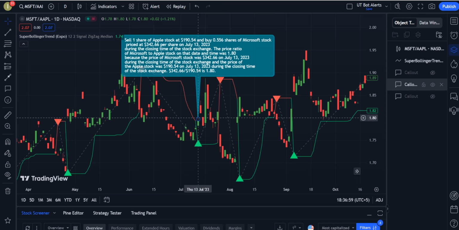So $342.66 divided by $190.54 is exactly 1.80. So when we see here on this date, the price ratio went down, and when the price ratio of a pair of stocks goes down, we sell the lower price stock and buy the higher price stock.